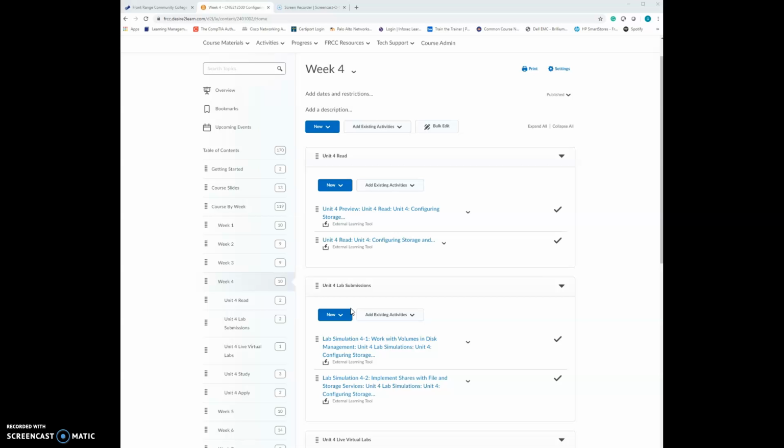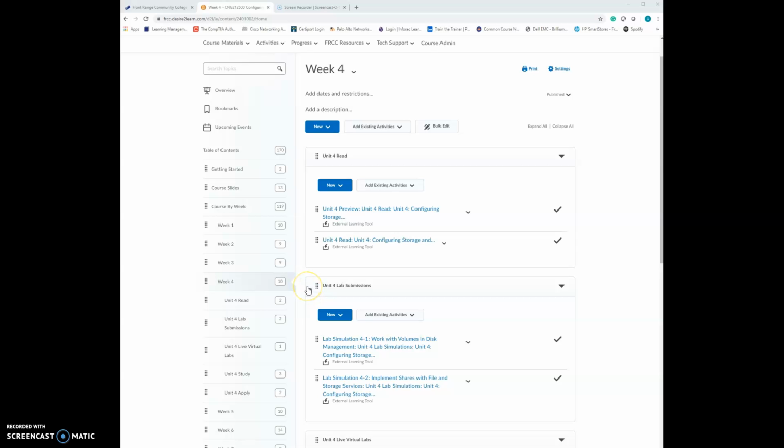This is where you're going to get a lot of the stuff you're most likely to run into in your server careers, because it's always dealing with storage, trying to configure storage.